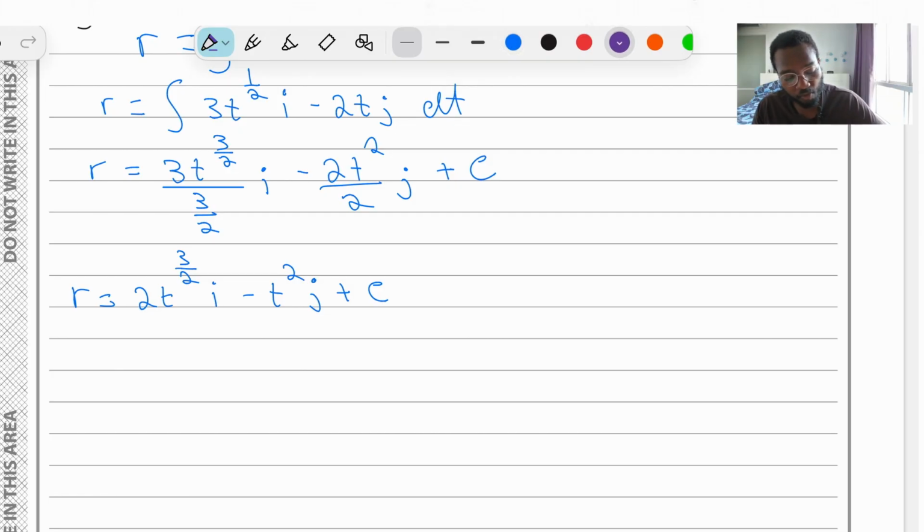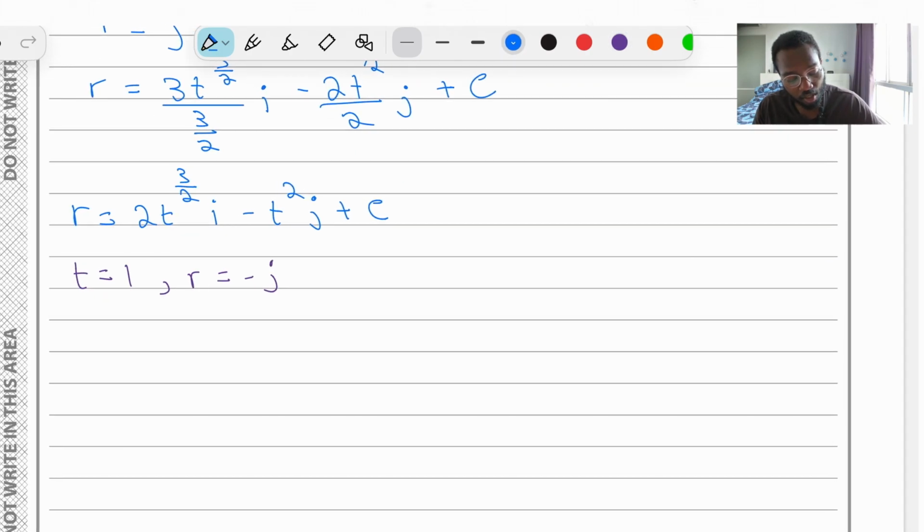We know from the question that when t is equal to 1, r is equal to minus j. If we substitute those values in, we get minus j equals 2i, since 1 to any power is 1, minus 1 squared, so still minus j, plus c. The j's cancel, and if we bring that 2i to the other side, we get c is equal to minus 2i.